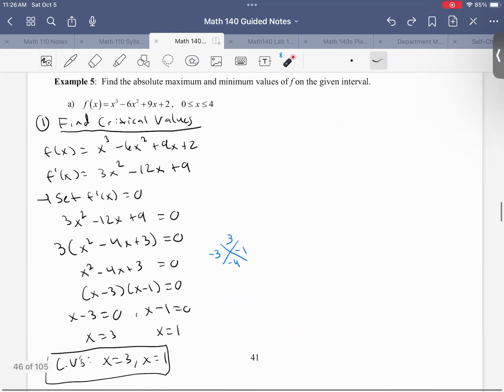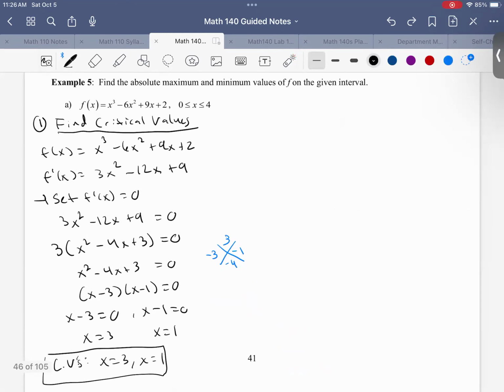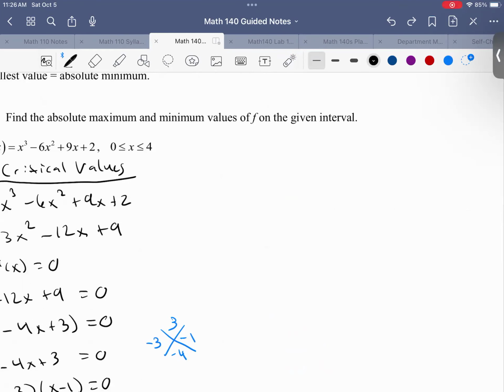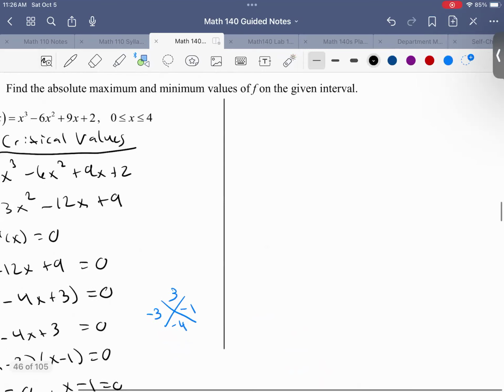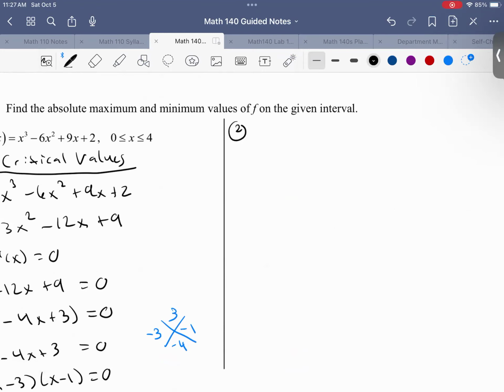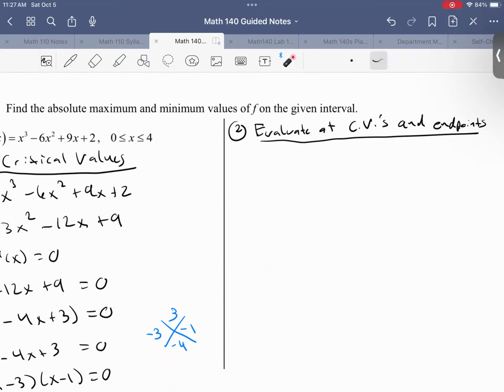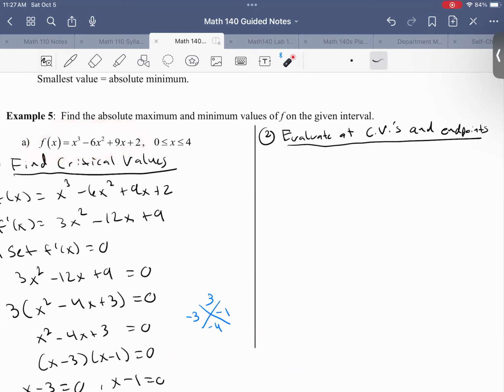For step 2, evaluate at critical values and endpoints. I'm just going to plug in our critical values and endpoints into the function and see what's the biggest value to see our max or mins. So let's go ahead and do that. My first endpoint is 0.